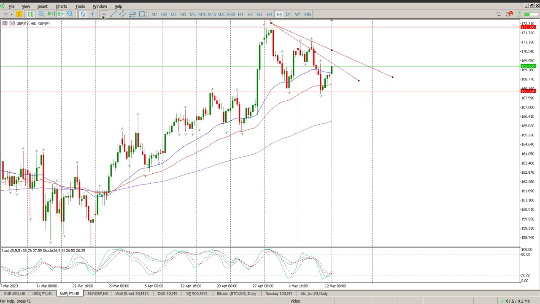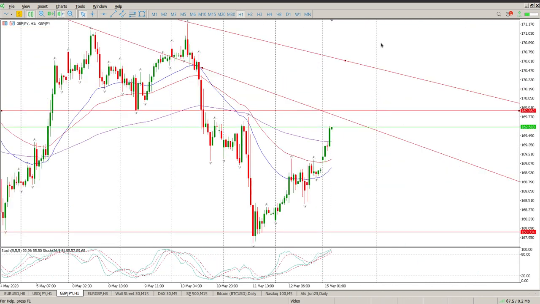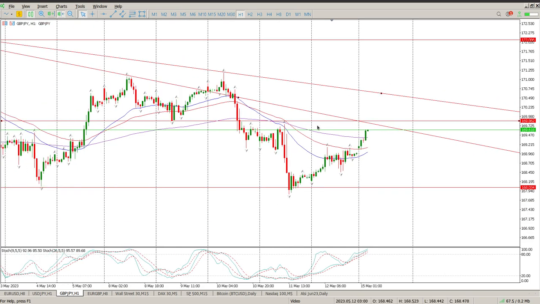So there is a bit of structure that we're heading towards right now, which would then pay attention to this first trend line, and that to me is probably a little bit stronger than that one, but nevertheless, just pay attention to what we see.